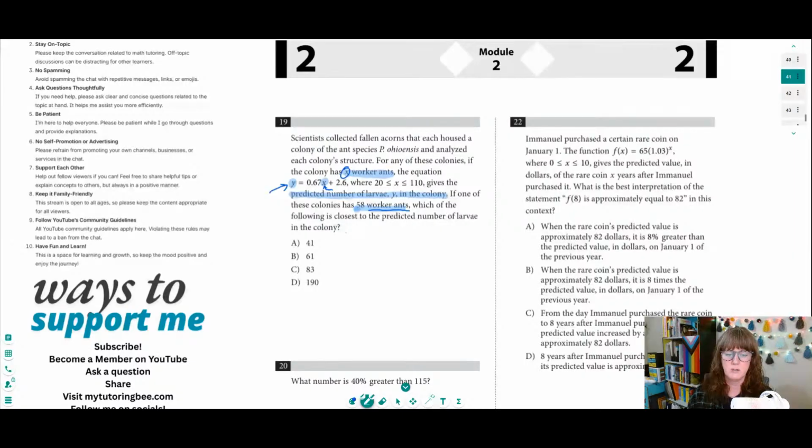So instead of X, we're substituting in 58 and then solving. That's really what it boils down to.